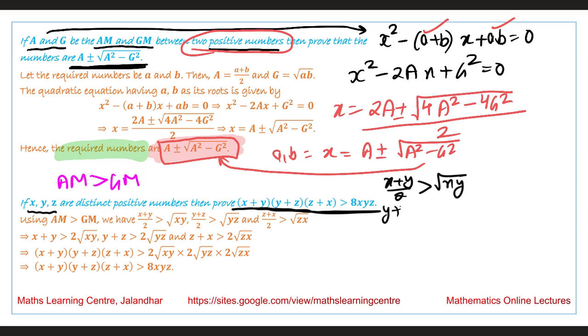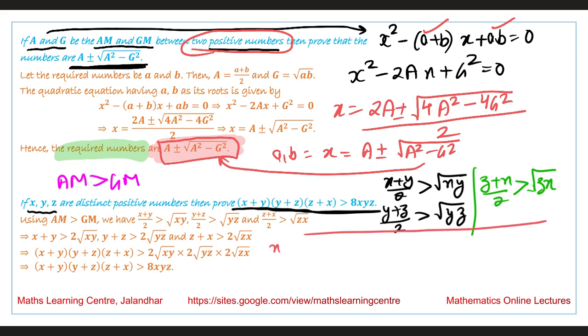Second, (y plus z) by 2 is greater than the square root of yz. And third, (z plus x) by 2 is greater than the square root of zx. Now from these three results we can write x plus y is greater than 2 times the square root of xy, y plus z is greater than 2 times the square root of yz, and z plus x is greater than 2 times the square root of zx.